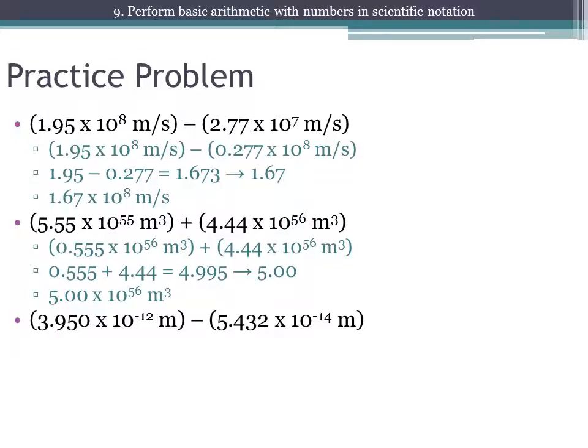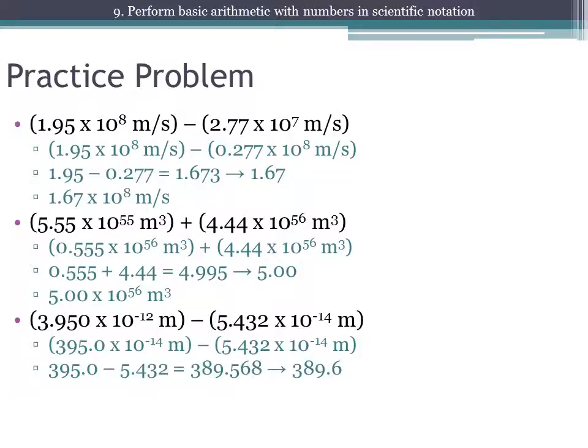Another example here, 3.950 times 10 to the negative 12th minus 5.432 times 10 to the negative 14th. Here I've changed it to the smaller value, actually 10 to the negative 14th, by moving the decimal to the right two places on the first measurement here. And now I'll subtract my mantissas. After rounding for sig figs, that gives me 389.6.